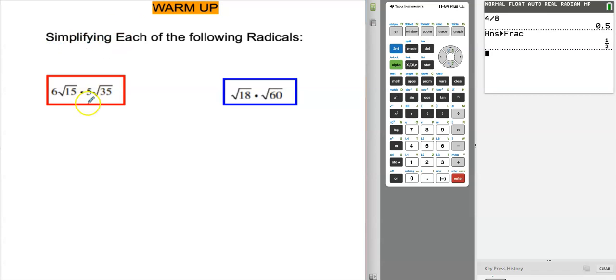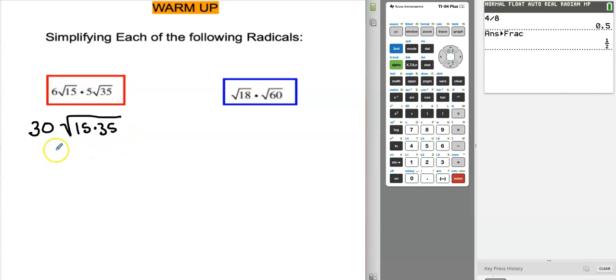So in this warm-up, it wants us to multiply these radicals together for both of the examples, what we were looking at yesterday. So yesterday we know that we multiply the outside to the outside, which is going to give me 30, and I multiply the inside to the inside. Okay, so I'm going to just write this as 15 times the square root of 35.